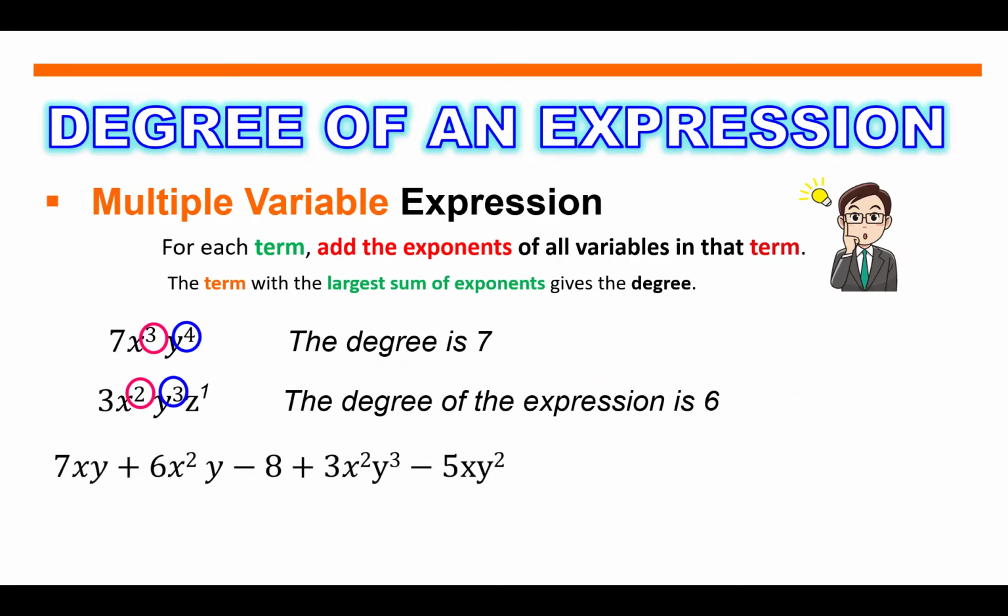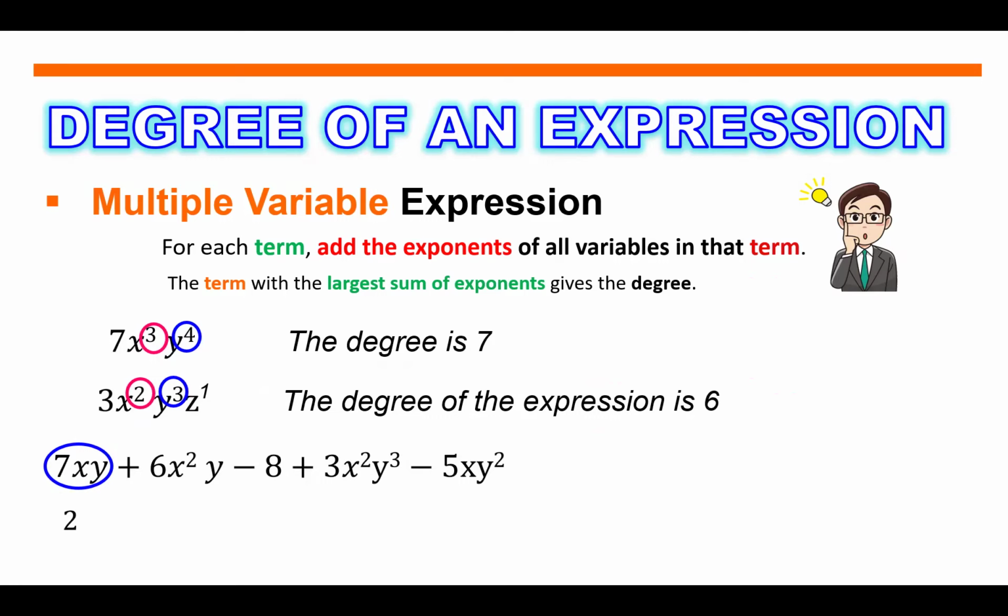So we have 7xy plus 6x squared y minus 8 plus 3x squared y cubed minus 5xy squared. So for 7xy, the first term, we have 2 because their exponents are both 1.